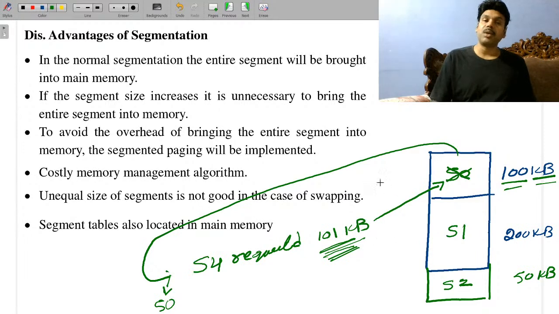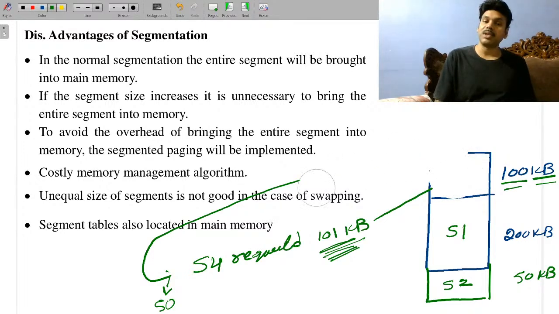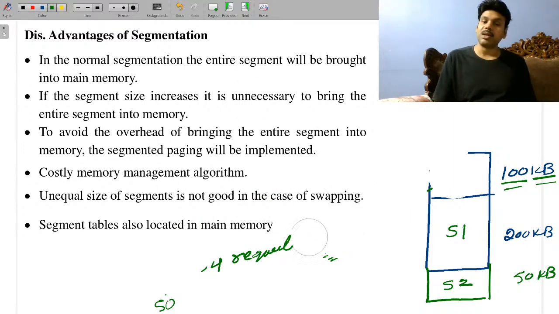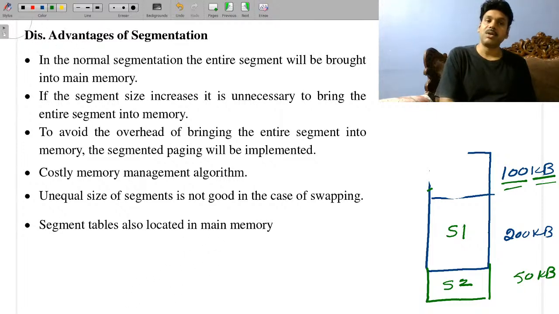And the next important point, please see. Somehow S0 is completed. I am talking about the second point. Observe carefully. So S0 is completed, and S0 released 100 kb of memory.